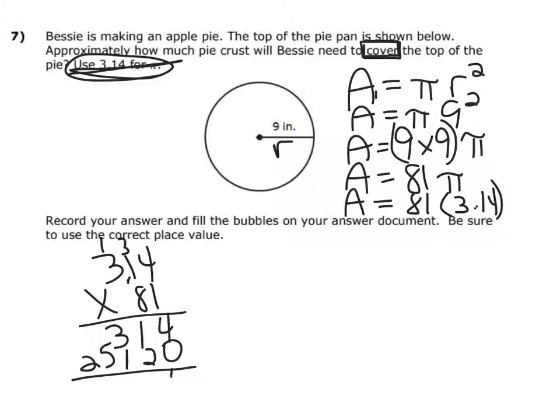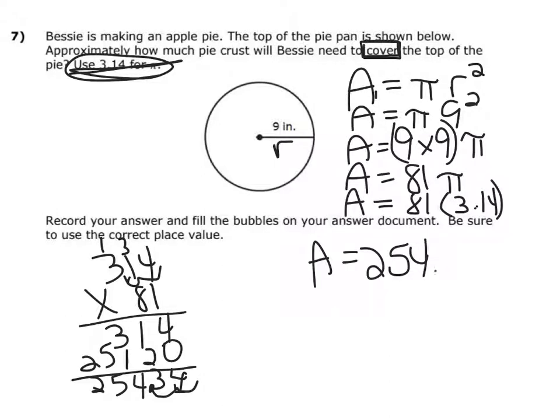So we're going to go ahead and put 4, 3, 4, 5, and 2. So my answer has 2 decimal places. So my answer for area was going to be 254 and 34 hundredths square inches.